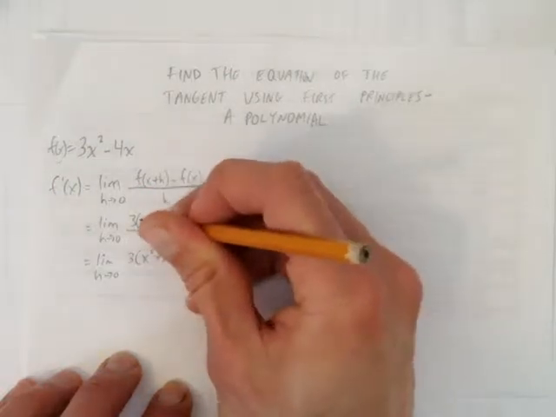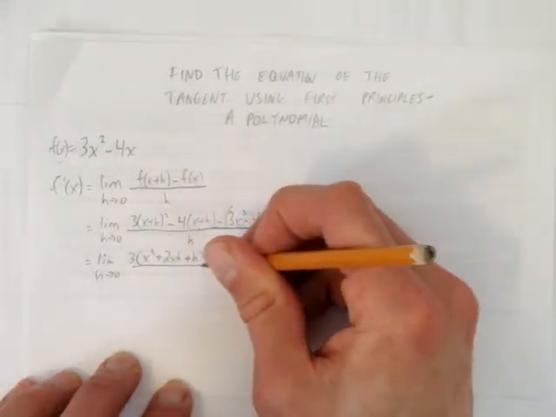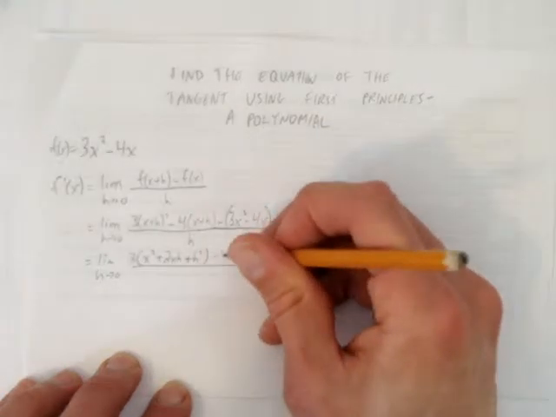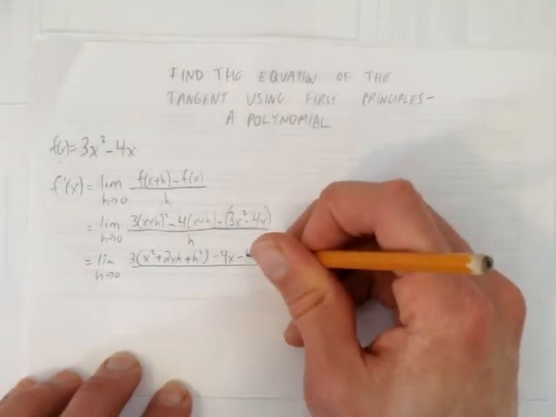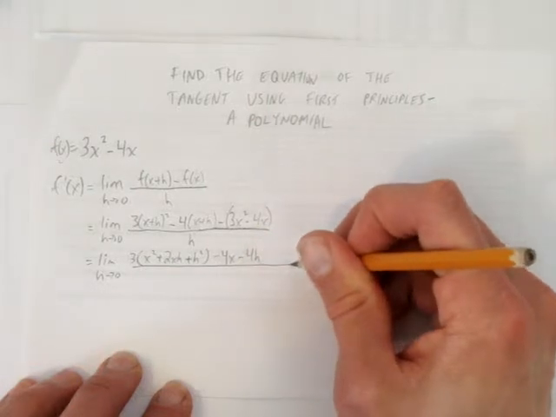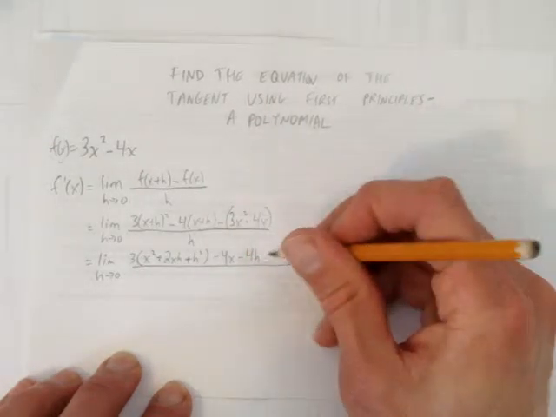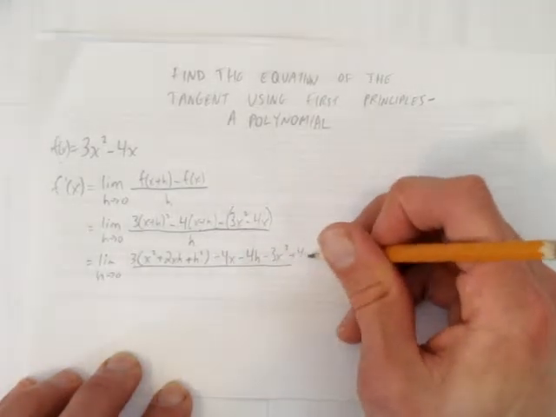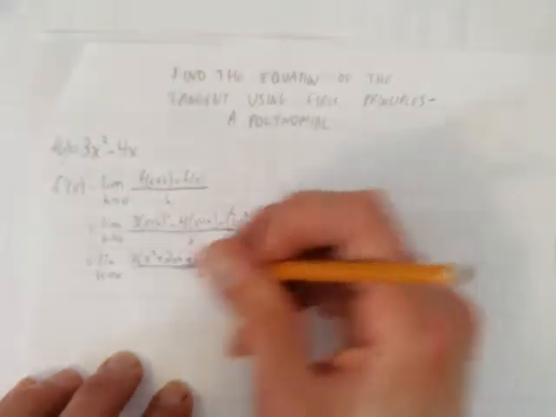That's the expansion of this thing. Still has a 3 in front. I'm going to distribute the minus 4 in, so I get minus 4x minus 4h. And I'm going to do the same thing with this minus. I get negative 3x squared and plus 4x, all over h.